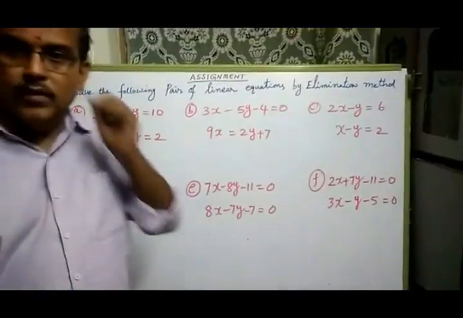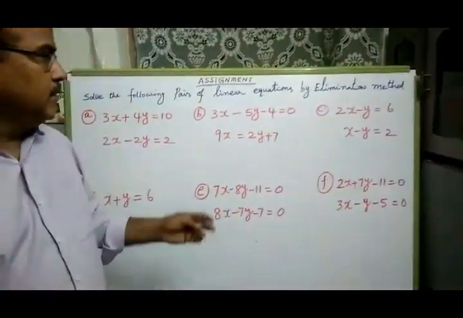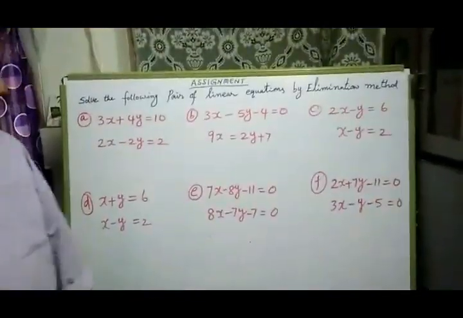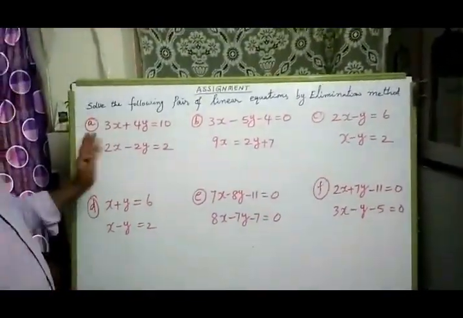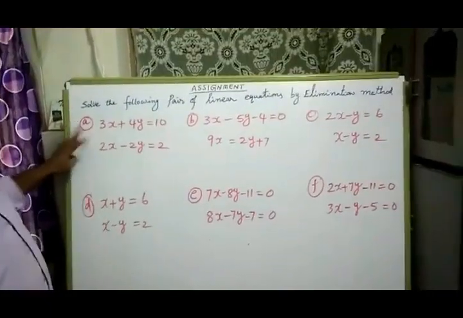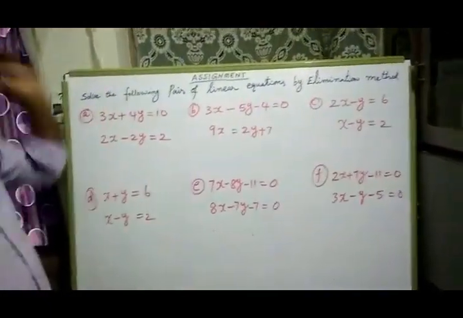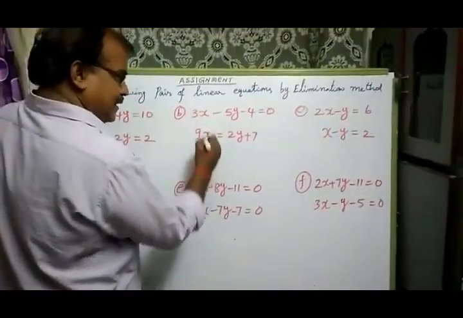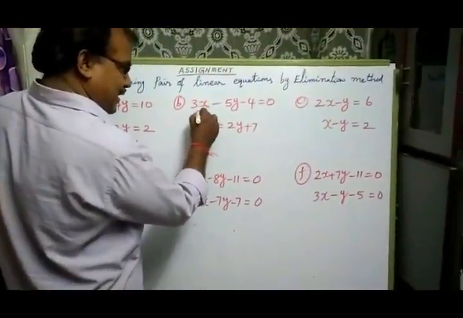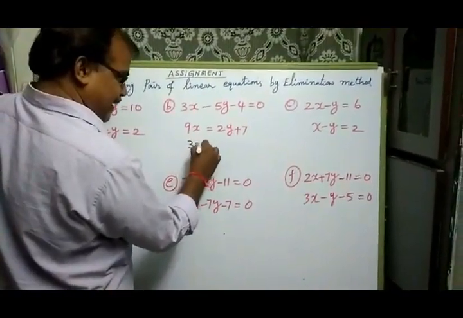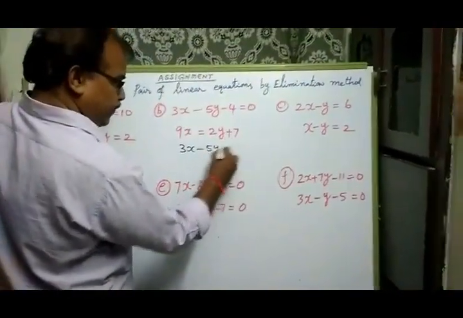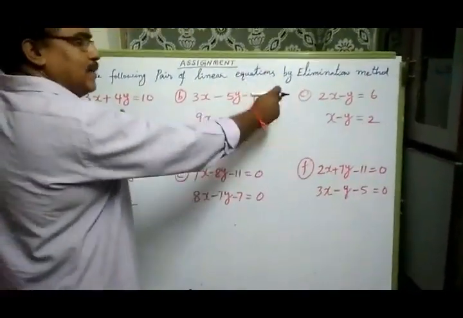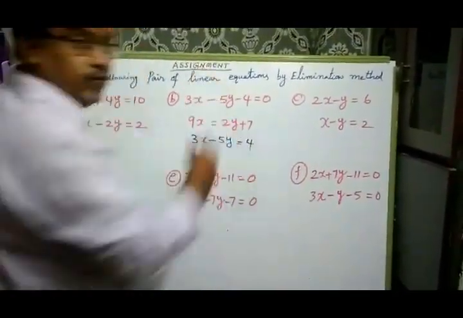Here we completed 3 sums of the elimination method. Here I am giving an assignment, 6 questions. Listen carefully. Solve x and y. This question you can do easily, and in this one you may get some confusion. The first one is nothing but 3x minus 5y is equal to 0 minus 4, transposing that side, 0 plus 4 is equal to 4.